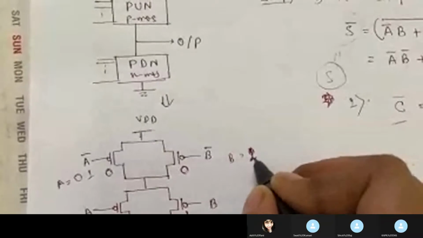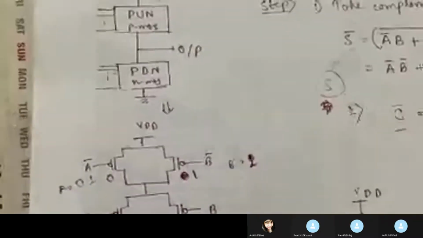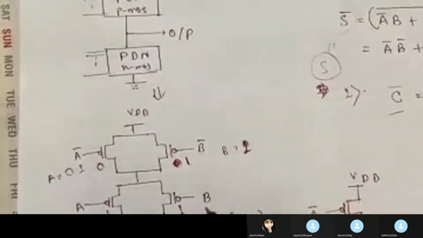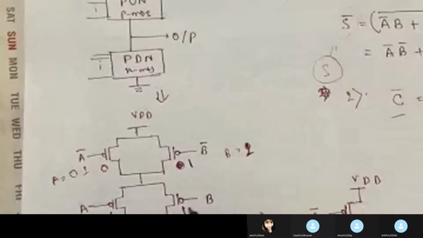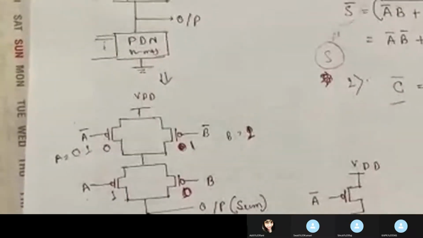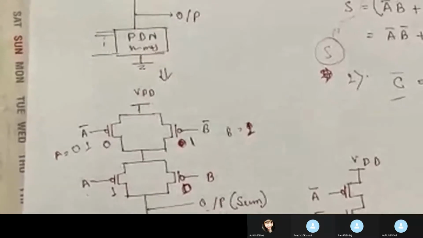So if B is equal to 1, it will become 0 over here and then it will become 1 over here. A is 0, so it will stay the same. B is 1, so it will become 0 over here. Right? Now for this part, A is 0, which means it will become 1.